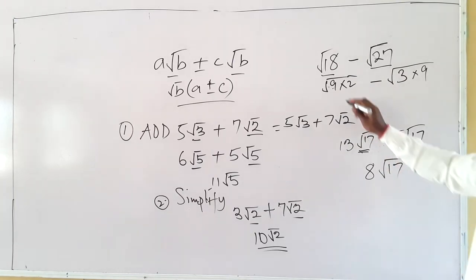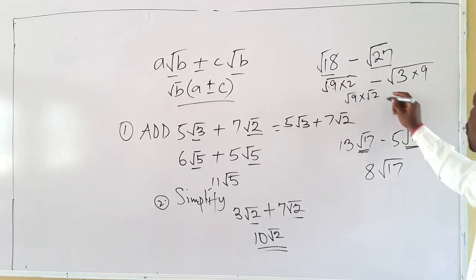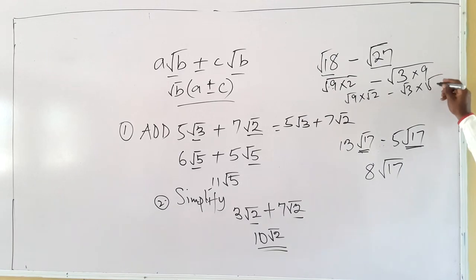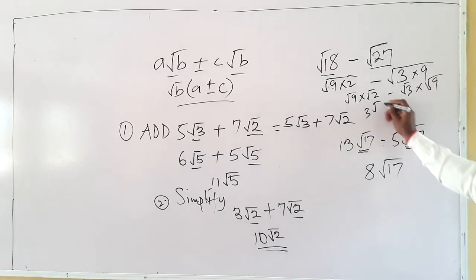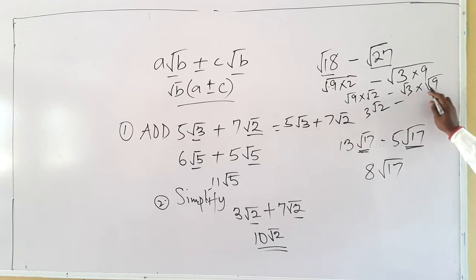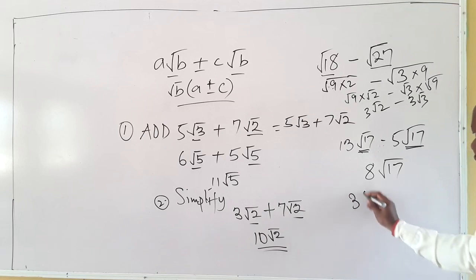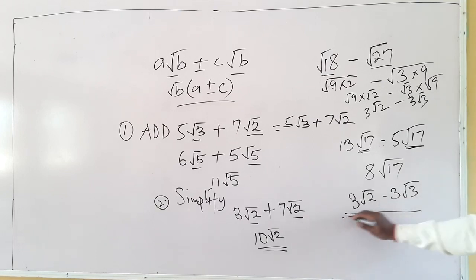If we split, this becomes root 9 times root 2 minus root 3 times root 9. Root 9 is 3, so we have 3 root 2 minus 3 root 3. This is how far we can simplify this expression.